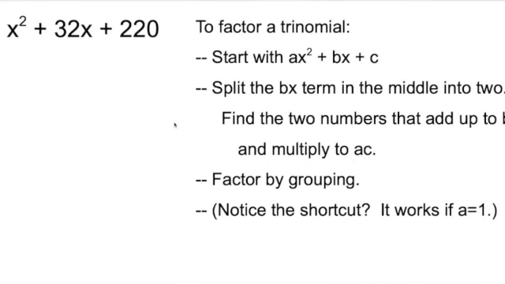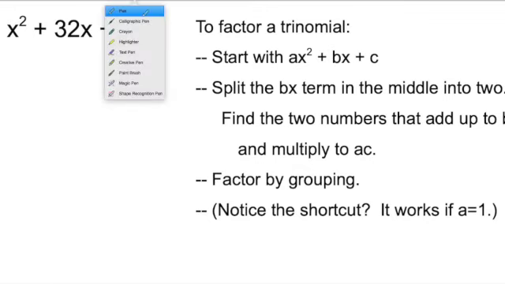Example for you. x squared plus 32x plus 220. I really want to talk about the shortcut here because it will save you a lot of effort. We're looking for 2 numbers that add up to 32 and multiply to give you 220.